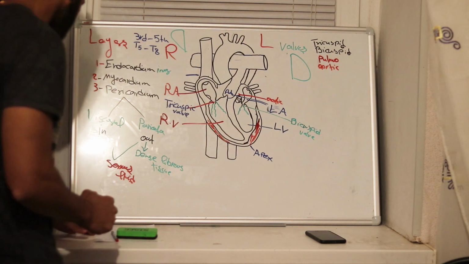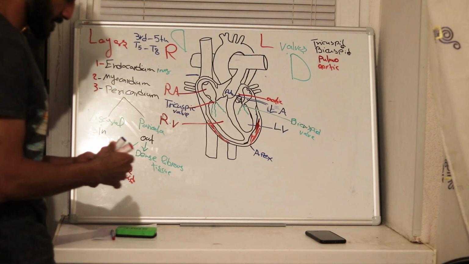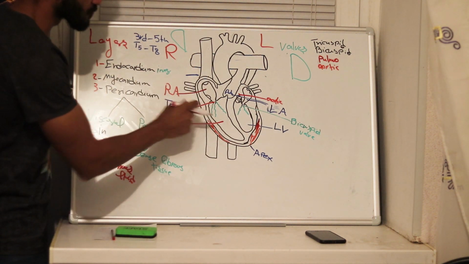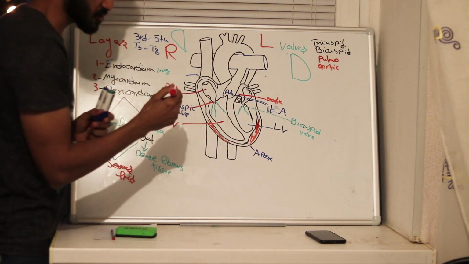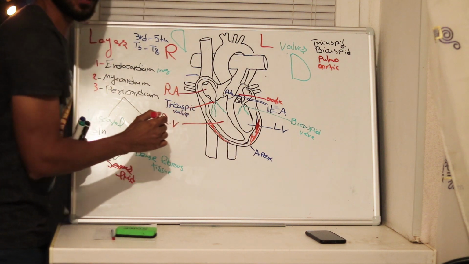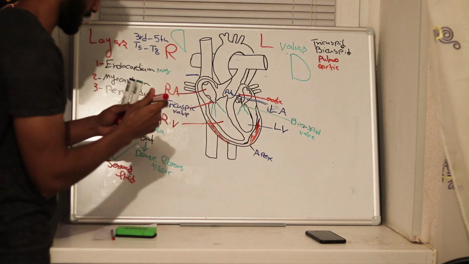Let's talk about the inner structure. Between the right atrium and the right ventricle, we have the tricuspid valve. The tricuspid valve is attached by chordae tendineae.